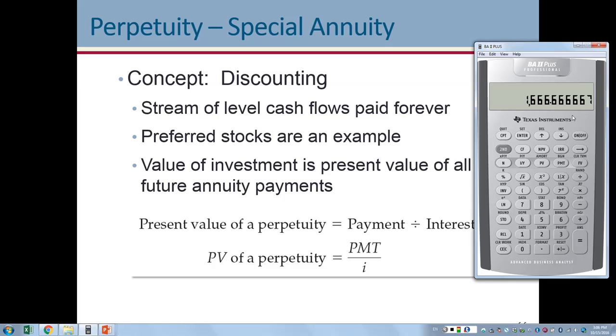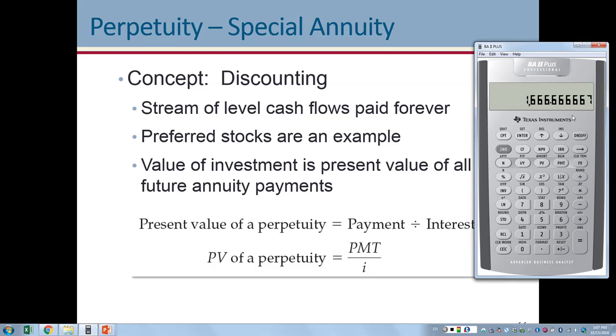Now, don't forget that the name of the game right now is time value of money. As we're going to be receiving $100 every year, don't forget that as we move along in time, those $100 are not going to be worth the same as our $100 today. $100 in 10 years might be worth what $50 are worth today. $100 in 20 years might be worth what $25 are worth today.